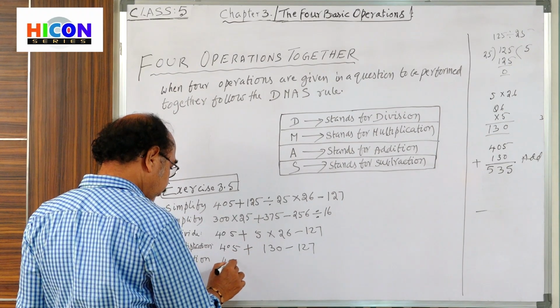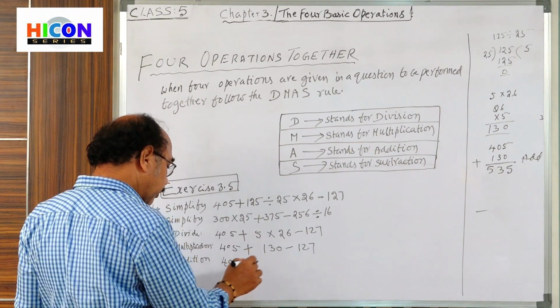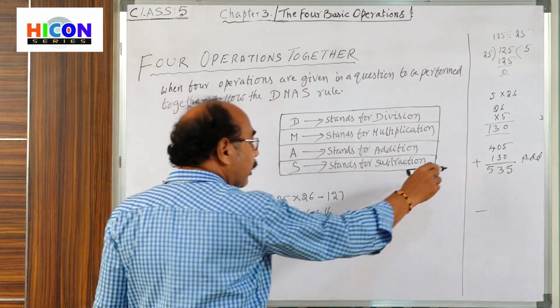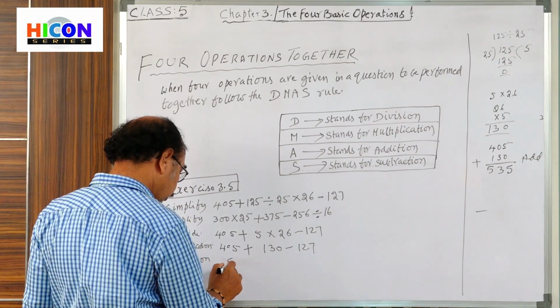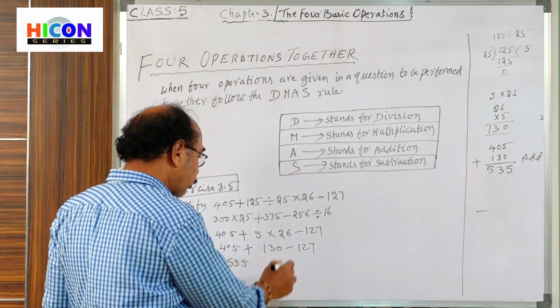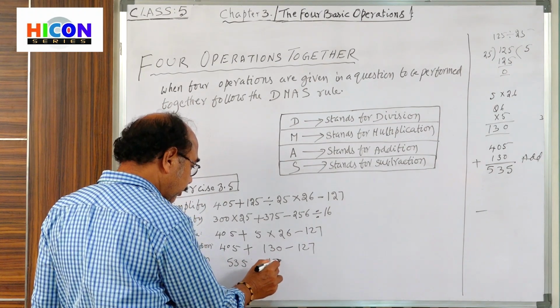So 405 plus 130 we added now. After the addition, what we got here? 535. 535 minus what is there here? 127.